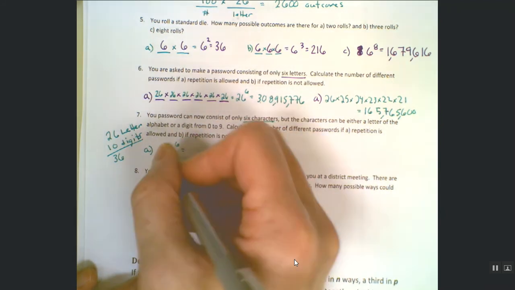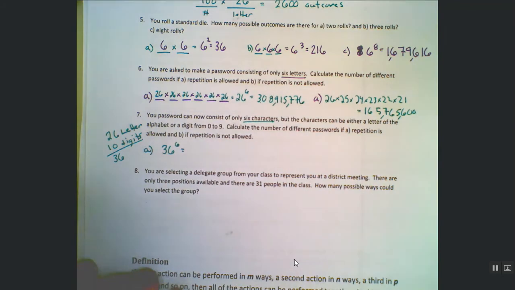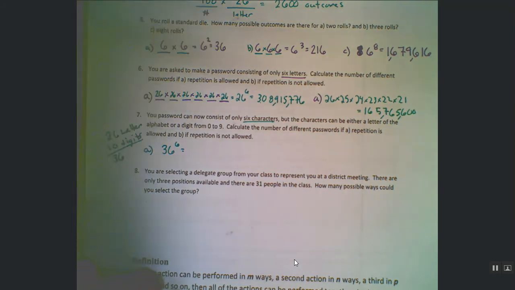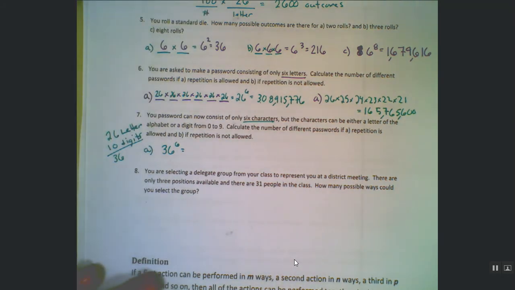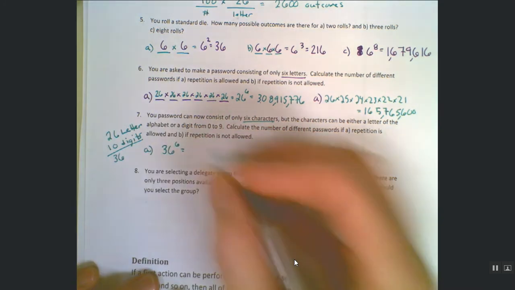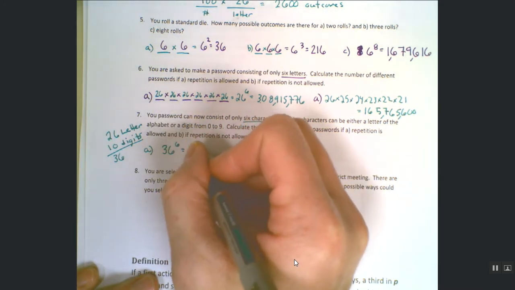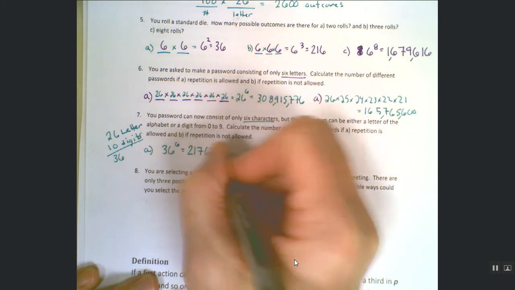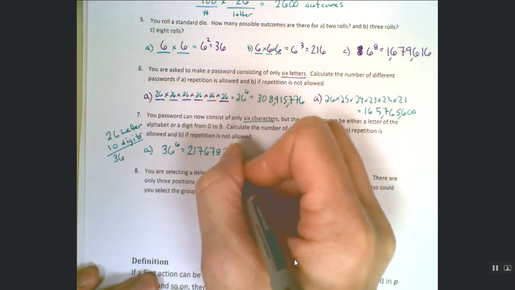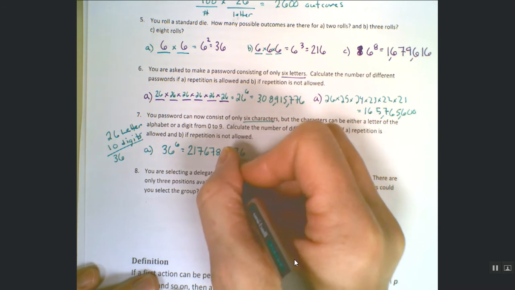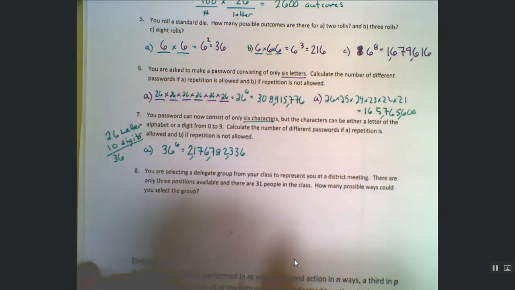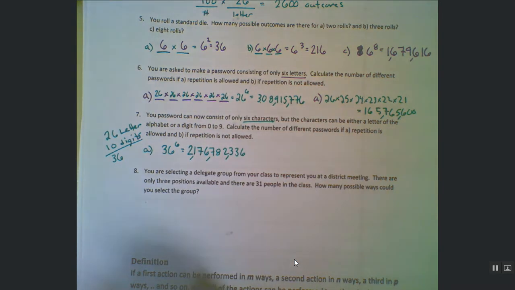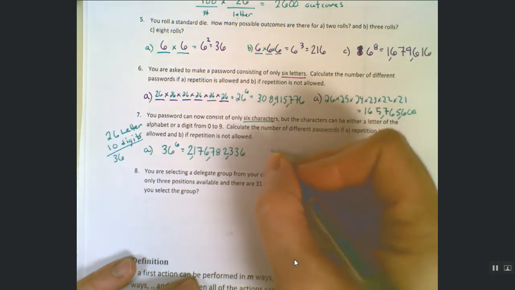Now another way to do it is 36 times 36 times 36 times 36, but you get the idea that if it's 6 characters long and there's 36 options for each, then it's simply this massive number of 2,176,782,336, which is that 2 billion-ish different outcomes are allowed in this case.